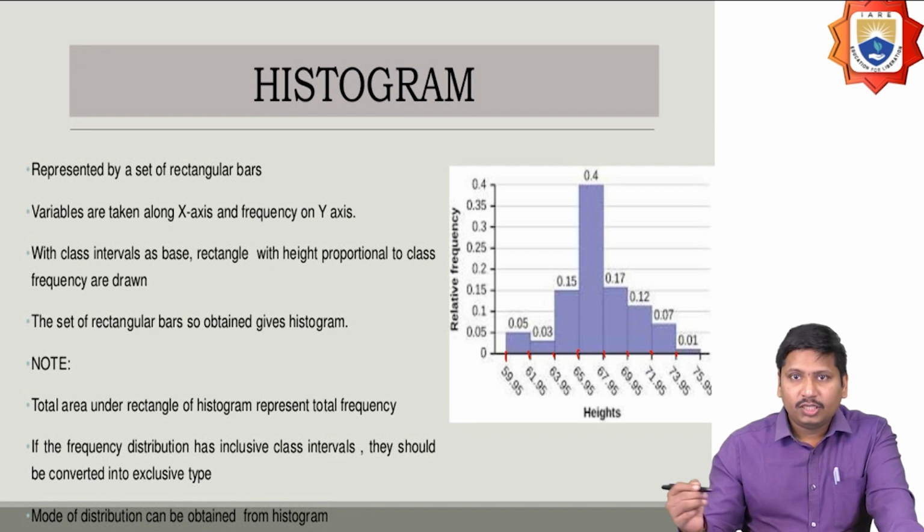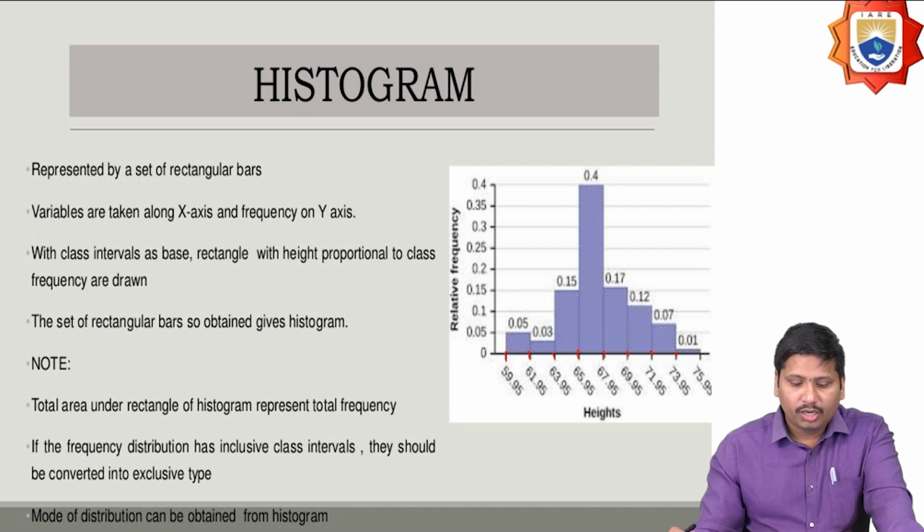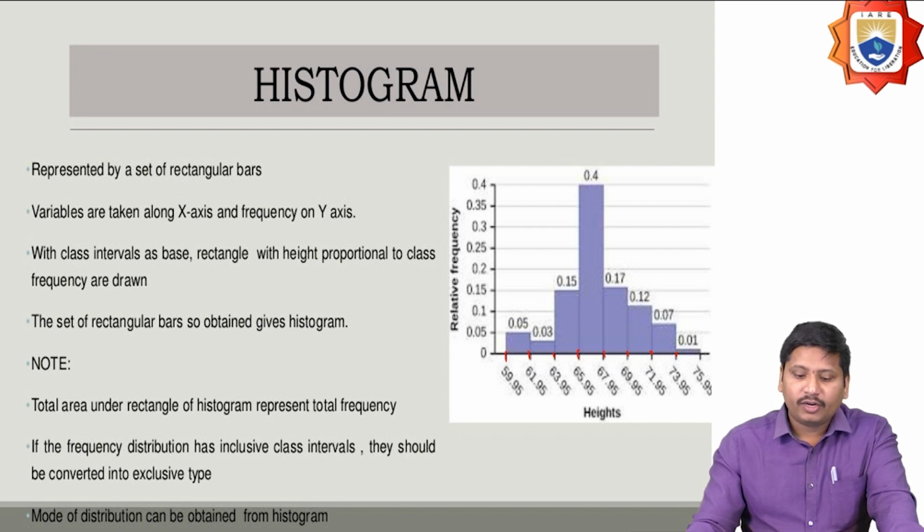If the frequency distribution has inclusive class intervals, then it should be converted into exclusive. The histogram is presented by a set of rectangular bars, and the variables are shown on the x-axis and the frequency on the y-axis. Once the class intervals are defined as the base, rectangles with heights proportional to the class frequencies are drawn, and the set of rectangular bars so obtained gives the histogram.